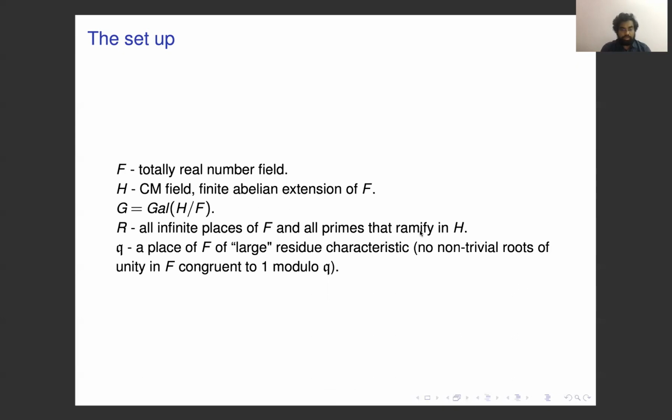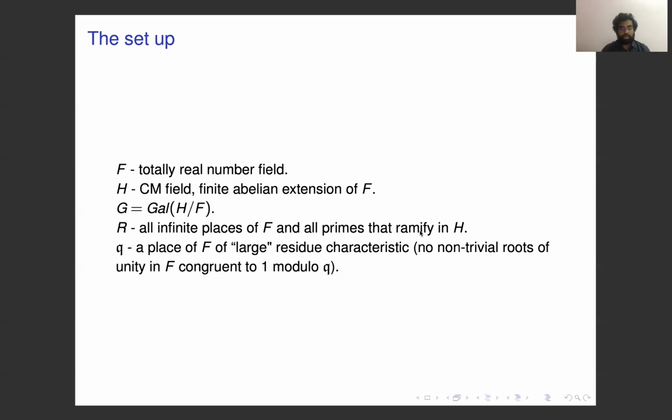R is the set of all infinite places of F and all places of F that ramify in H. So it's the minimal set of places of F that we have to take in such a situation. We can take a larger set, but we are not going to do that today. And Q is some auxiliary prime of F of large enough residue characteristic.